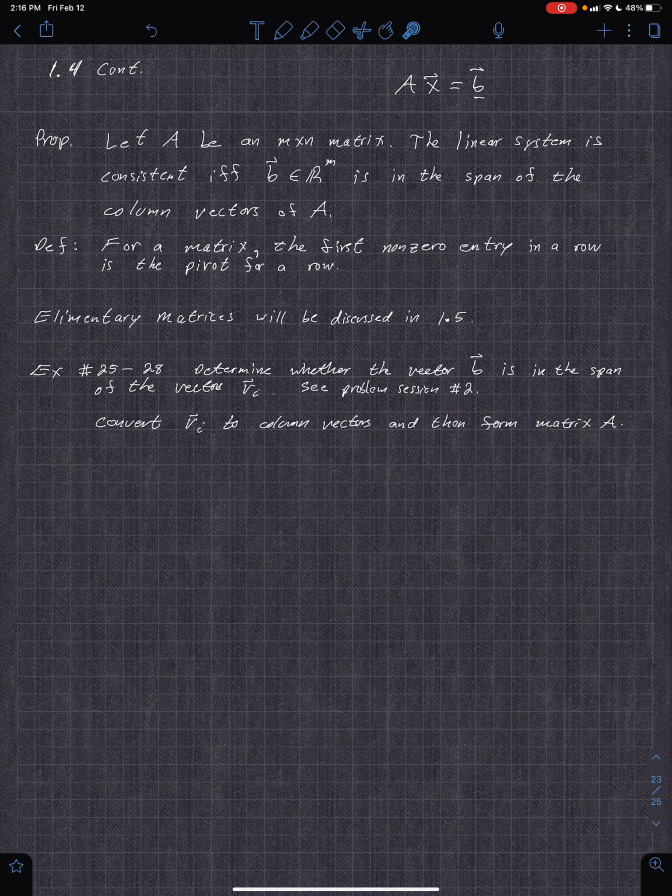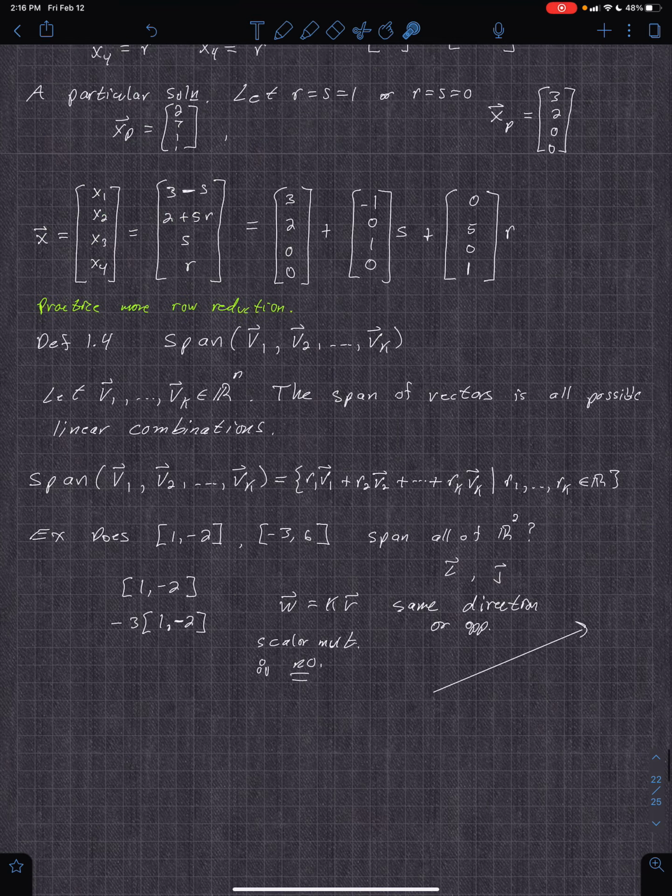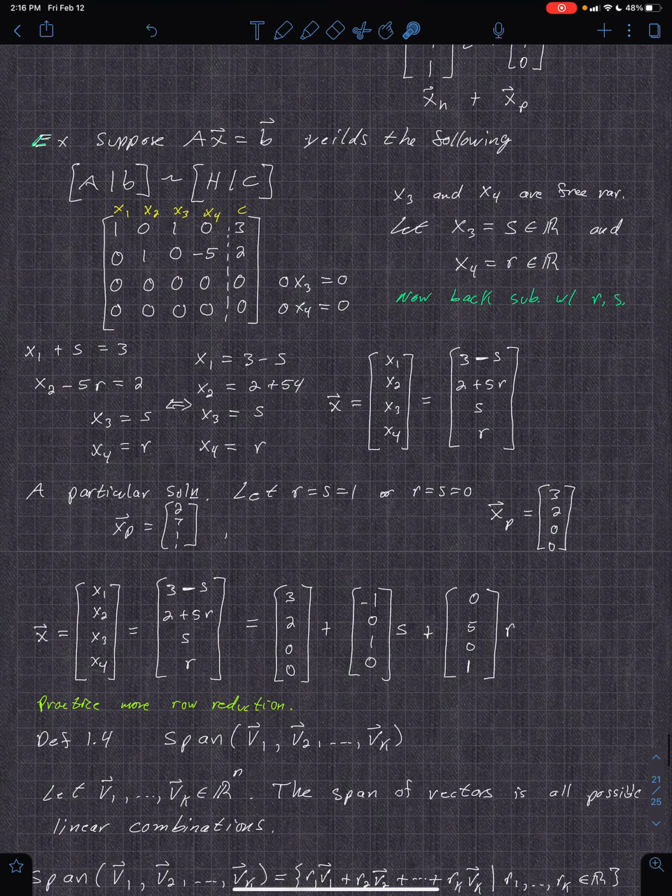Another definition I did not cover was pivots. So for a matrix, the first non-zero entry in a row is the pivot of a row. So let's go back up and just look at some matrices. This one would be the pivot of row 1. This one here is the pivot of row 2, and then there are no pivots in those two rows.